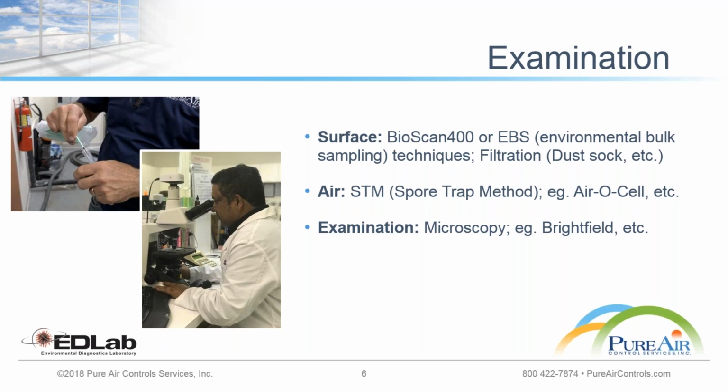However, the air sample is collected with a technique called the spore trap method. In this method, there are several commercial media available, such as aerosol, microfiber, etc. You can draw a certain volume of air through these media, and then you can submit the media to the laboratory, and they can do the analysis.